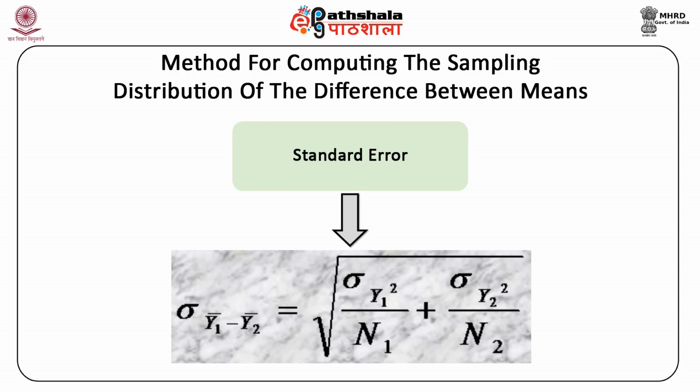In this formula, n1 and n2 are the sample sizes of the two samples, and sigma y squared are the variances of the two samples, namely y1 and y2, from which the sampling distribution of the difference between means is calculated.